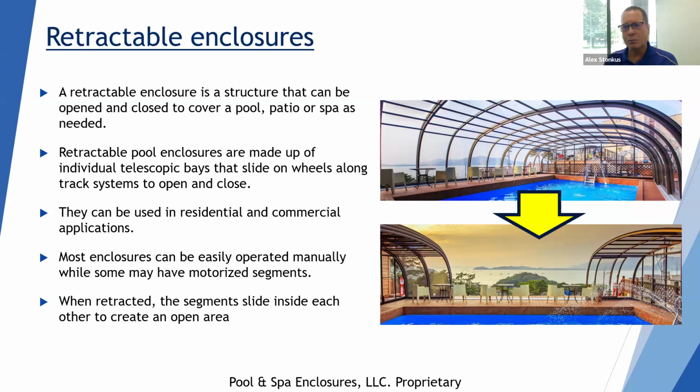All the segments can open all to the right, can all open to the left, can open in the middle. And it doesn't matter whether it's a residential or commercial application. And yes, we can do a fully, what I'll call non-retractable enclosure. But at the end of the day, people like to enjoy the open air environment with the retractable enclosure.